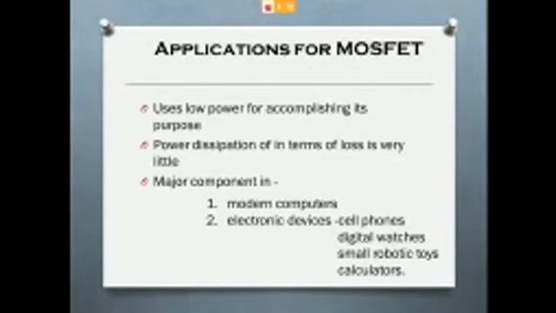Very little power is used in the dissipation. Next, it's a major component in modern computers and electronic devices like cell phones, digital watches, small robotic toys, calculators, etc. So this is being used in our daily life, like computers and phones, because it uses low power in accomplishing its purpose.